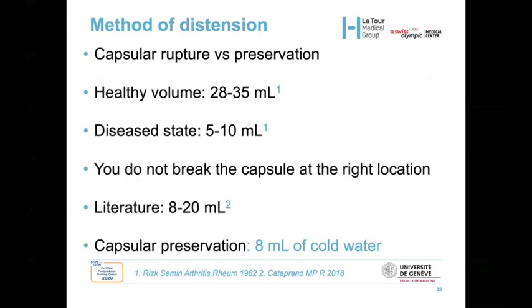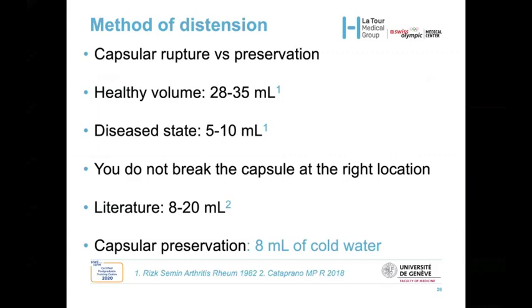So how do I do distension? You have different types of distension. You can do a capsular rupture versus preservation. For me, the capsular rupture is absolutely nonsense, because if you break something, it will be by definition either posteriorly, probably posteriorly, exactly where you don't want something to happen.